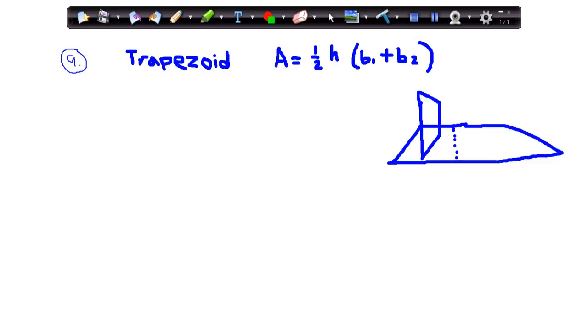And guess what? Right here is the base, and here is your other base. That's why I'm telling you, you need to flip your book, and you can see that this is your height, which is 2.5. Alright? Okay, so let me erase this, and then we'll continue with the problem.